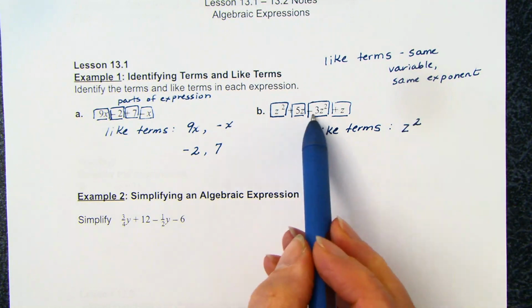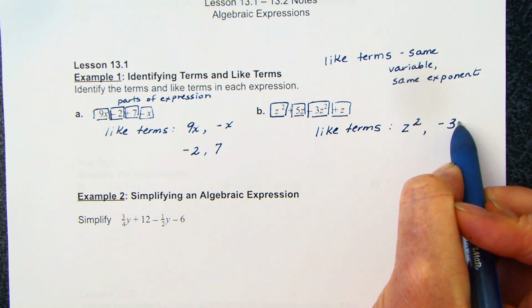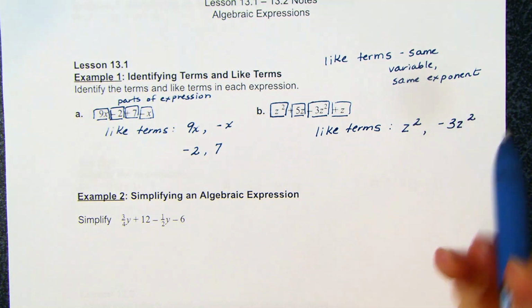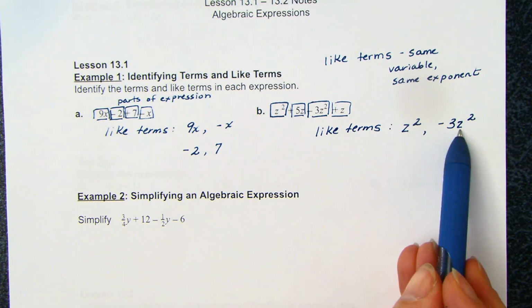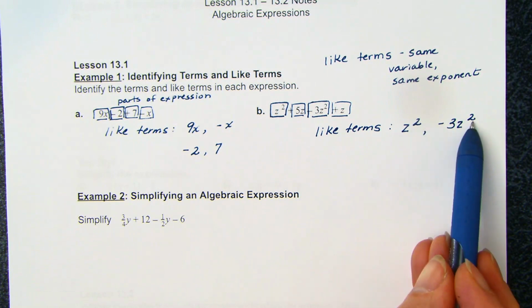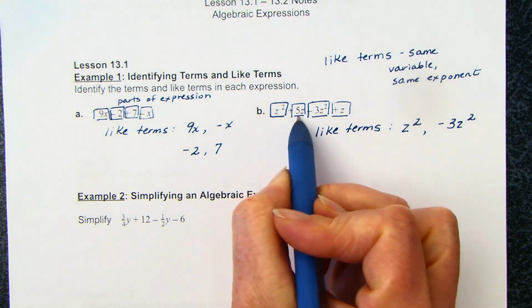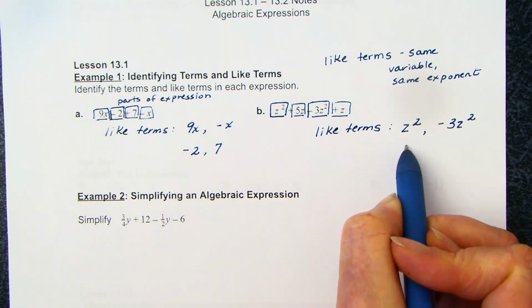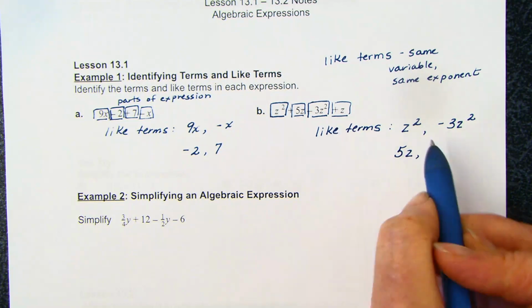That goes with negative 3z squared. So it can have a coefficient with it, but it has to be the same variable and it has to be raised to the same degree or have the same exponent. And then here I have 5z, and that goes with 1z.